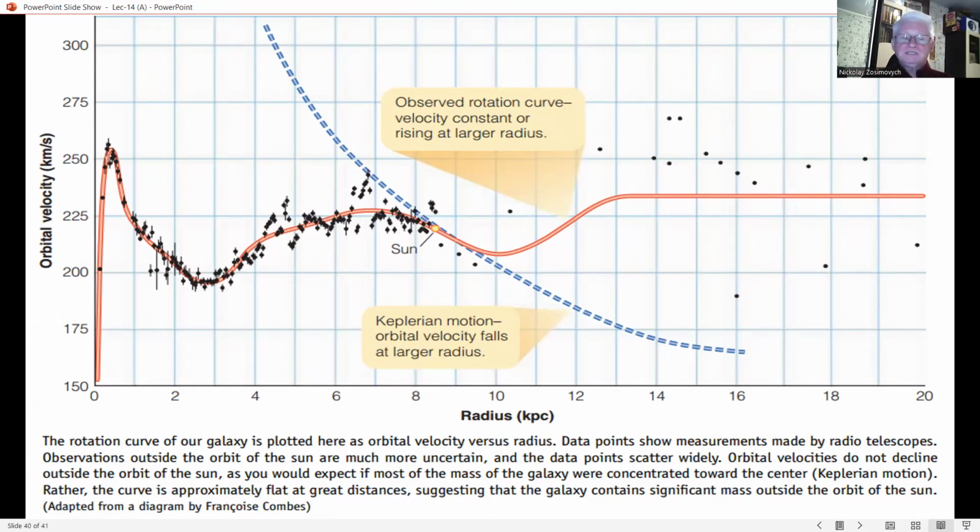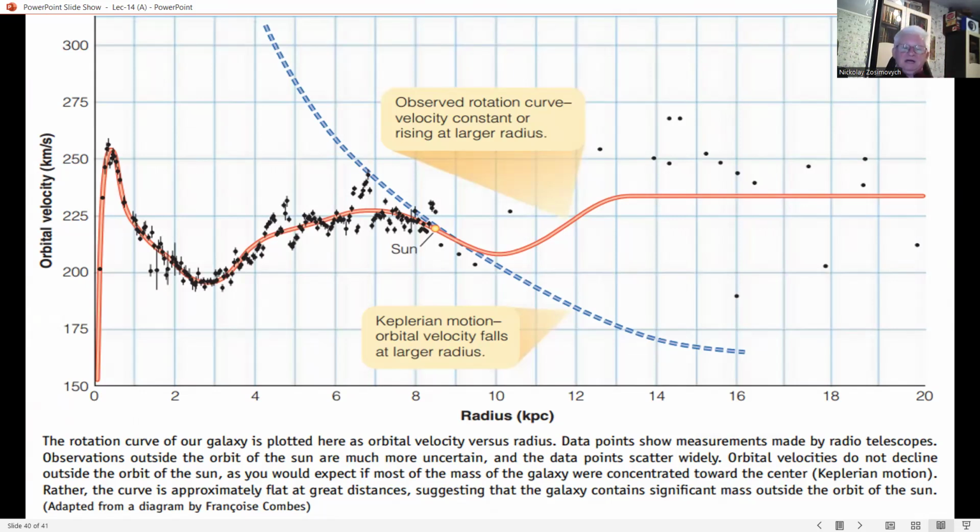Also, it is difficult to determine a precise edge to the visible galaxy. It seems clear that large amounts of matter are located beyond the traditional edge of the galaxy, the edge you would see if you journeyed into space and looked back at our galaxy.